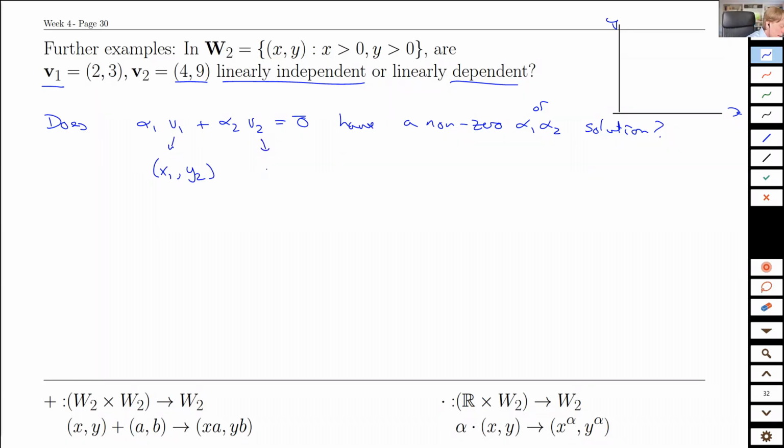And so we're going to define v1 as x1, y1, and v2 will be x2, y2. I'll keep the alpha 1s. So all I'm doing is defining these vectors as two components that I can work with. And here's a pop quiz. Does anyone remember what the 0 vector is in this space?